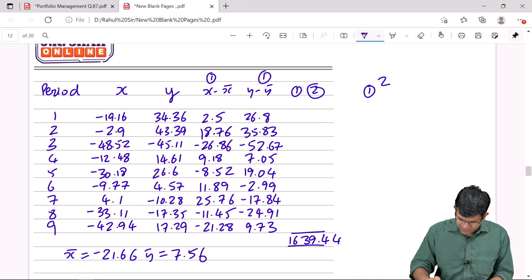26.86 into equal to M plus, 9.18 into equal to M plus, 8.52 into equal to M plus, 11.89 into equal to M plus, 25.76 into equal to M plus, 11.45 into equal to M plus, 21.28 into equal to M plus.